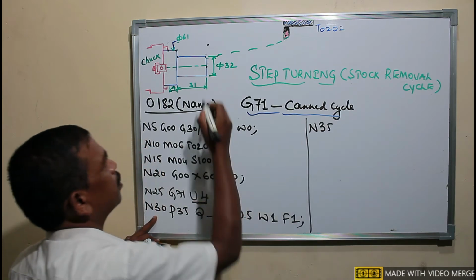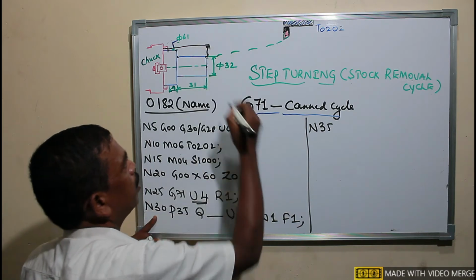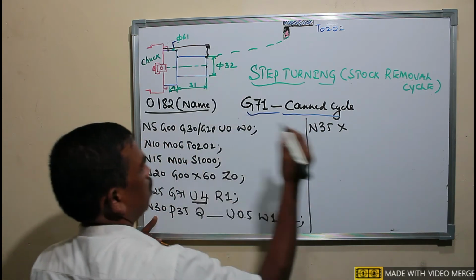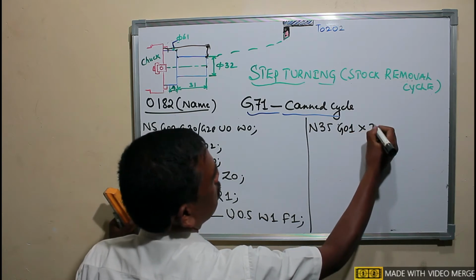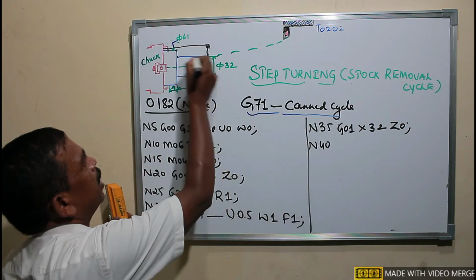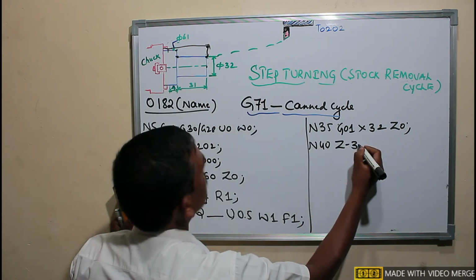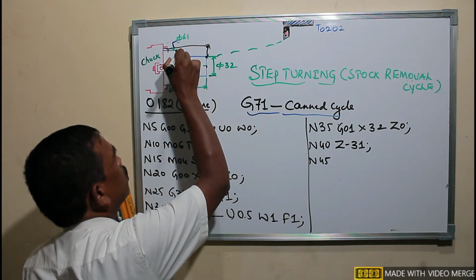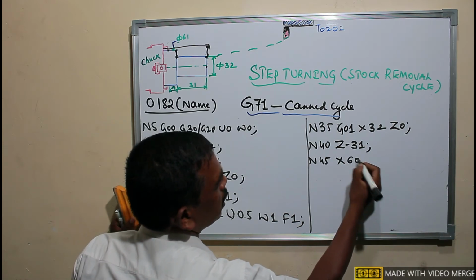Now N35. The tool is here, this is the raw material. So the contour shape will be G01, X32, Z0, end of block. N40. From here to here I will move the tool, G01 Z minus 31, end of block, and then the tool has to move from here to here, that is X60.